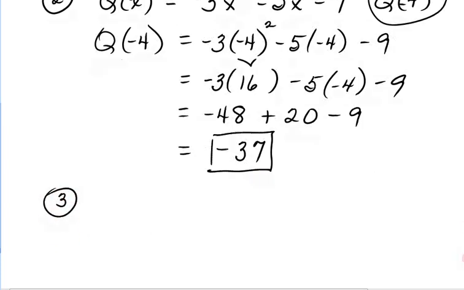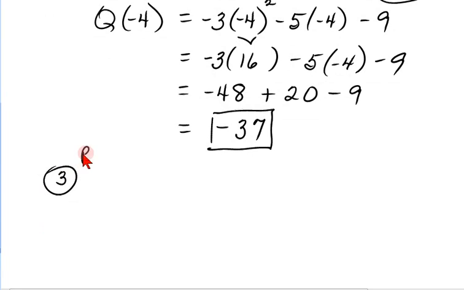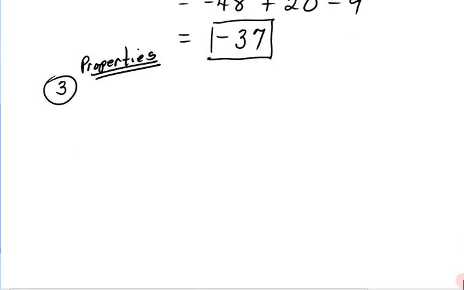All right, next group. You're going to use your properties of exponents. And I will make a notation on this paper as to which property I'm using. The instructions say simplify using the properties.